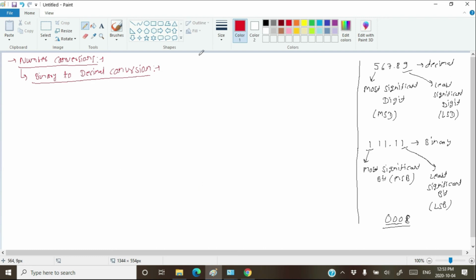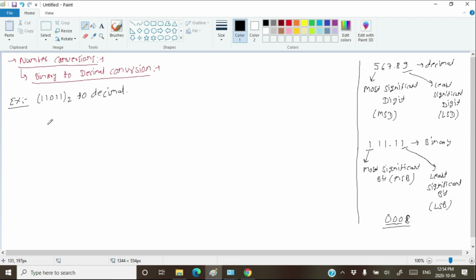Let's convert from binary to decimal. The binary to decimal conversion is the same process which we have discussed while discussing the positional values. So let's convert 11011 to decimal.